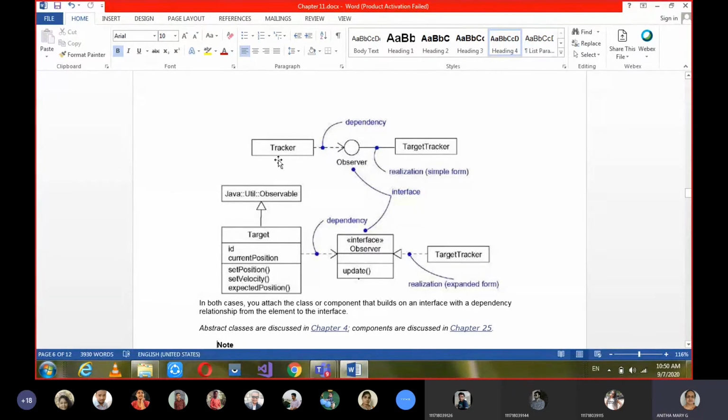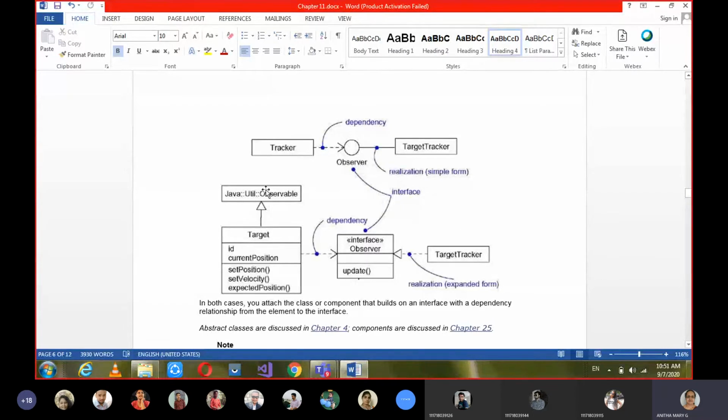The same example in expanded form is what we show here. Observer, which is in the simple form, is shown here in the expanded form, so we show the realization, and this depends on the interface.